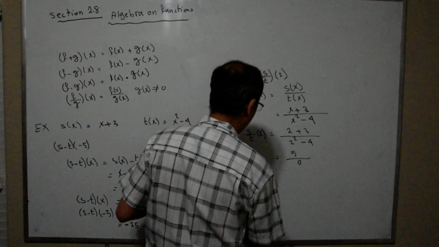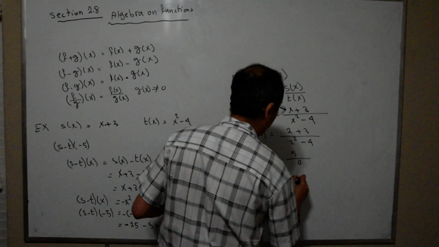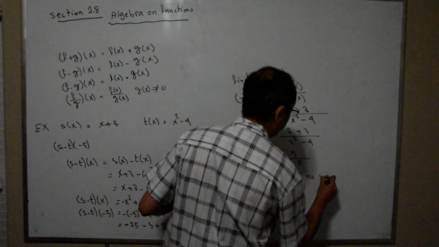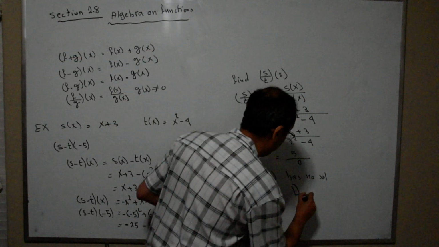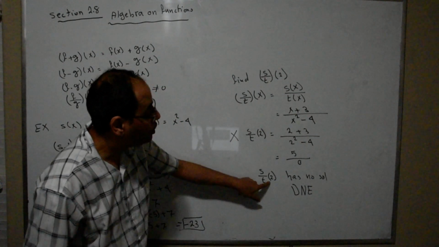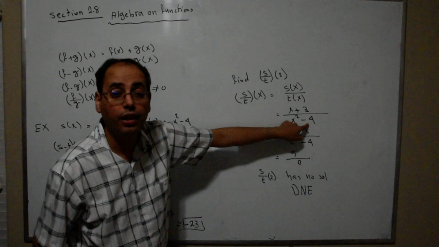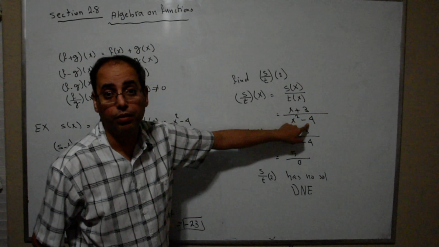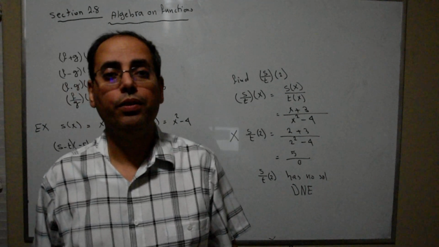So s over t of 2 has no solution. Okay? Or does not exist. Is that clear? Because 2 is not in the domain, because x cannot be negative or positive 2. Okay? I hope that this is helpful, and I'll see you later.